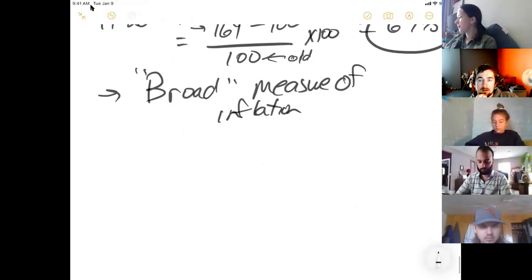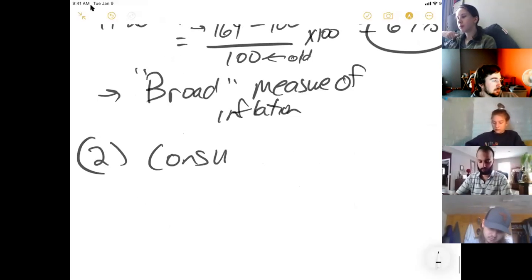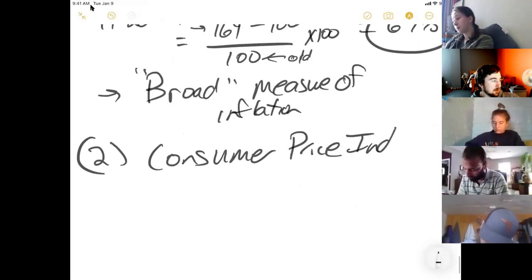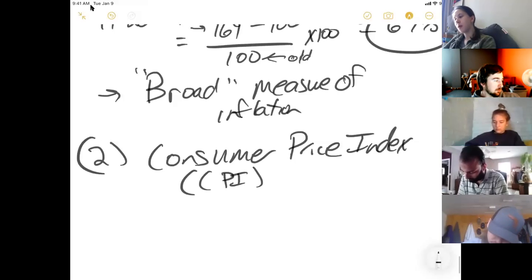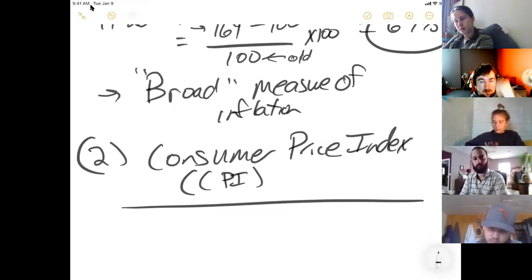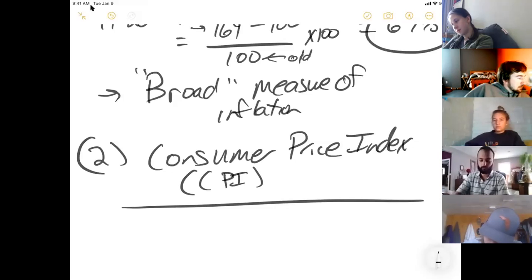And so that's the purpose of this second measure of inflation, the consumer price index, the CPI. This is the more, I would say, the more commonly used measure of inflation, usually in newspapers or on the internet.